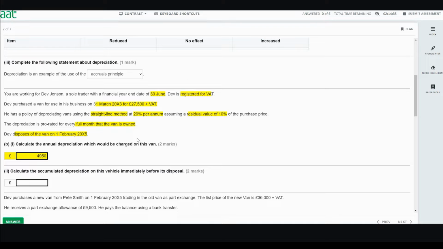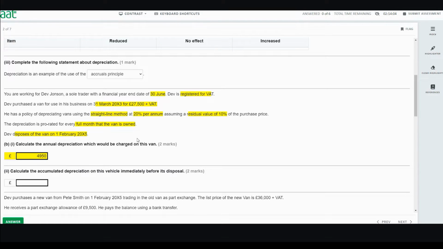I'm using 23 just to fill in blanks. From the 1st of April 23 to the 31st of March 24, that's 12 months. Then the 1st of April 24 to the 31st of January 25, the day before we sold it, gives you 10 months. So you've got 22 months in total of depreciation to calculate.